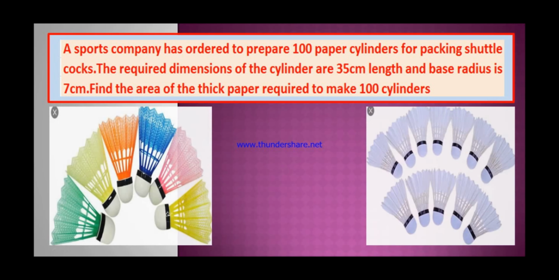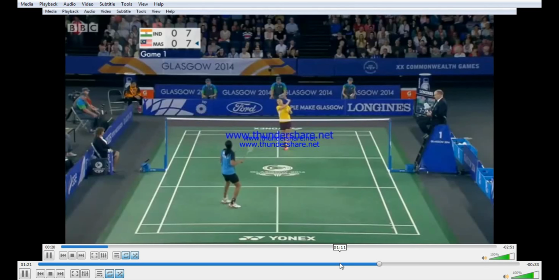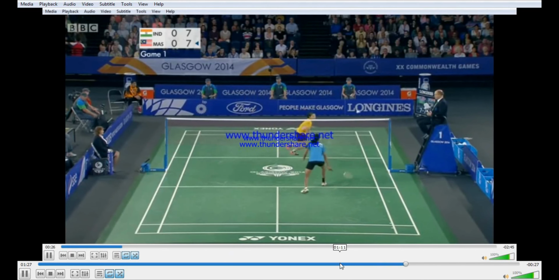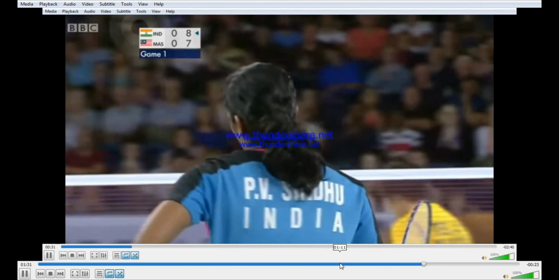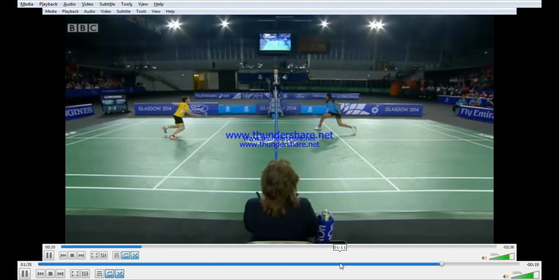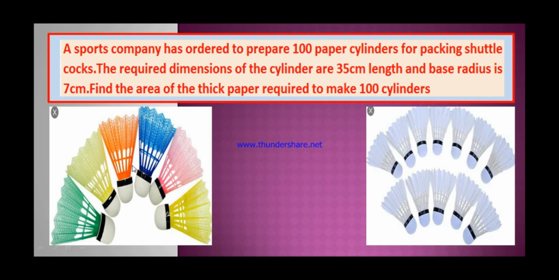Now, how may the shuttlecocks look? Yes, this is shuttle badminton. Our Indian shuttler PV Sindhu is playing with her opponent in some tournament. Yes, these are the shuttlecocks.